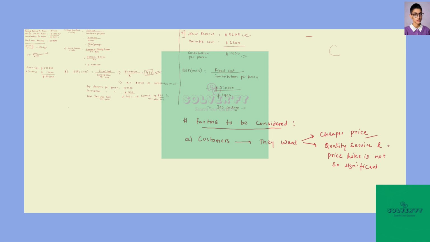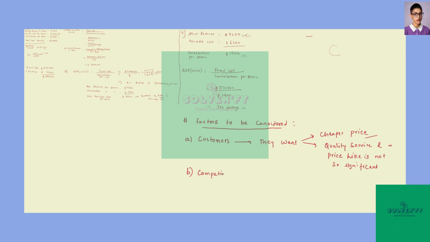Now, the second category of customers are those who want quality services, and for them, a little bit of price hike is not so significant. So in that case, we can increase some of the services and we can hike the price also.